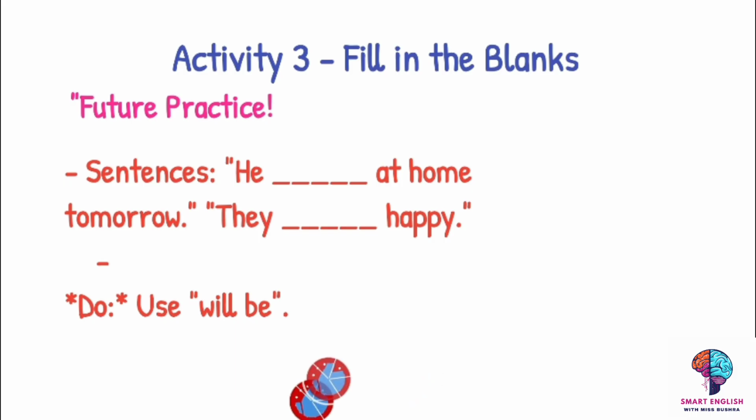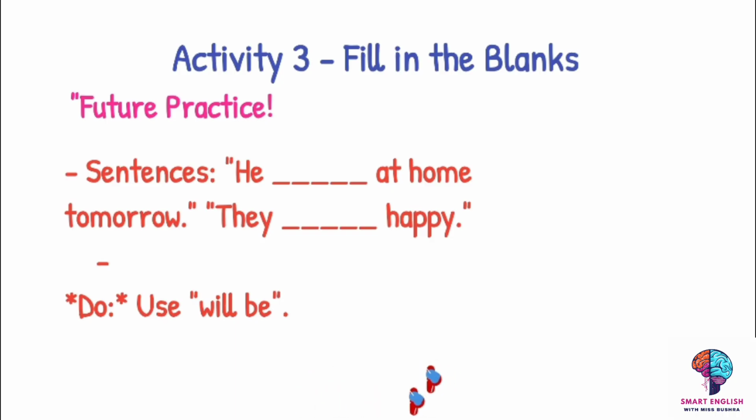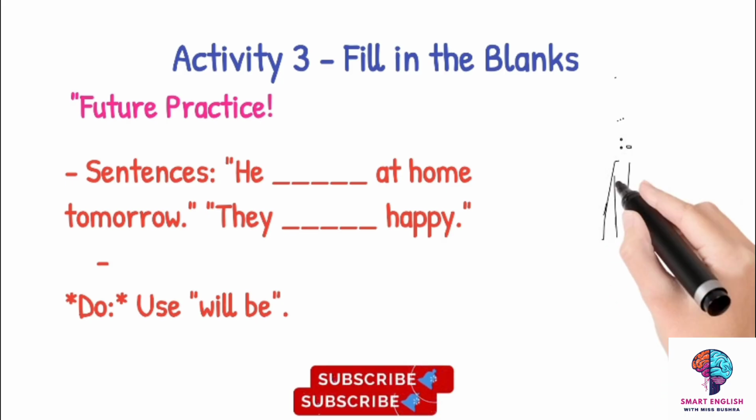Will be: he dash at home, they dash happy. And you can make more sentences on your own using adjectives and adverbs of time, and you can make thousands of sentences, but try to make them clear, simple, but correct. Correctness is very important.